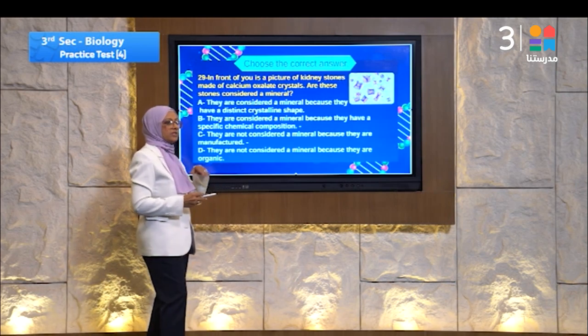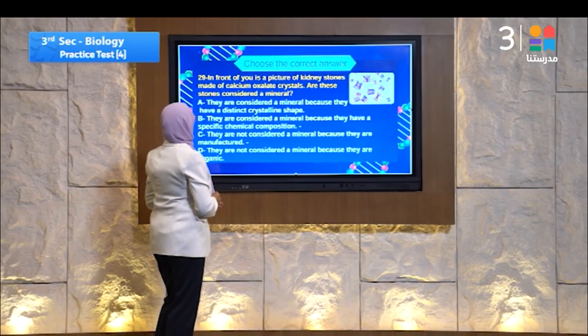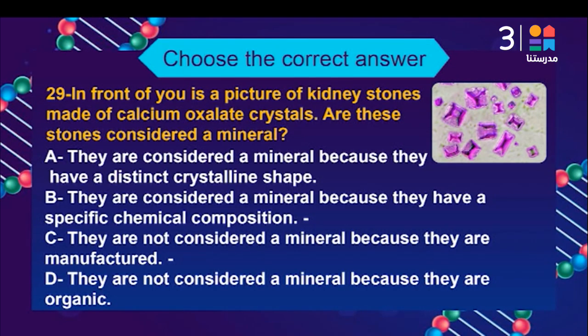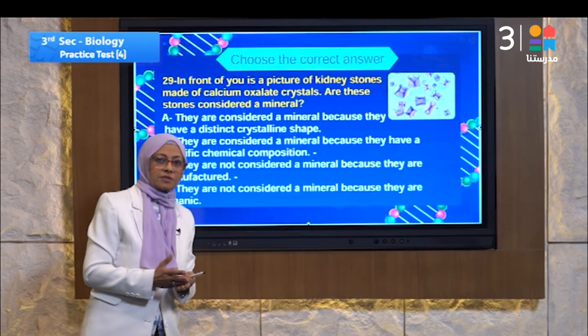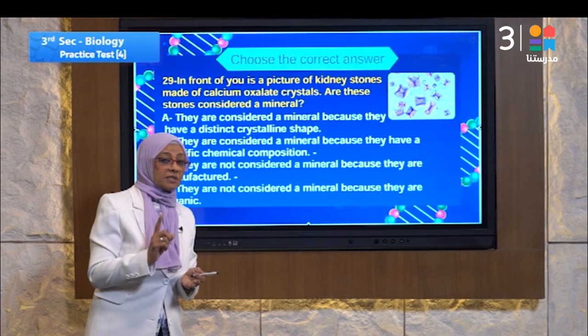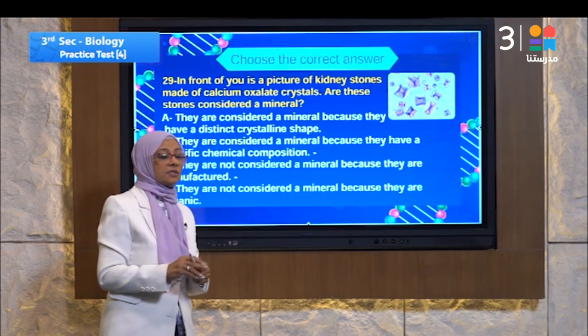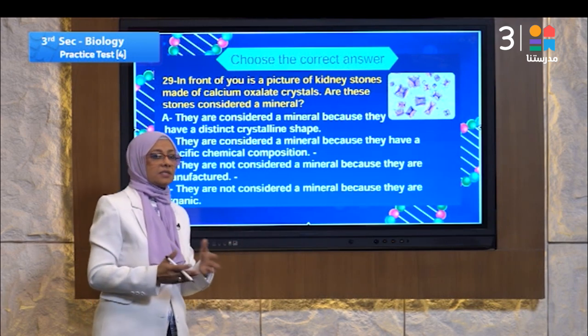Let's read the question and answer. In front of you, a picture of kidney stones made of calcium oxalate crystals. Are these stones considered a mineral? What is a mineral? A mineral is the building unit of rocks, not something inside a living organism. Let's read the choices, then decide the answer.